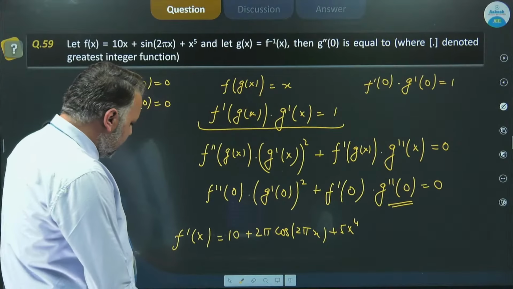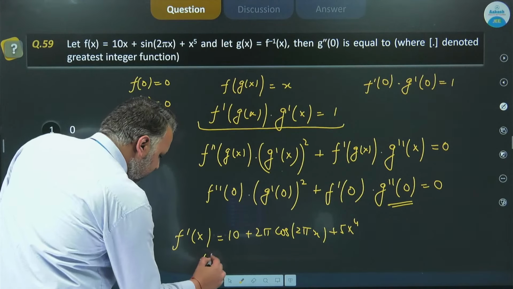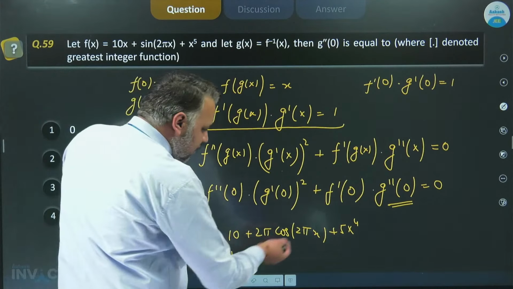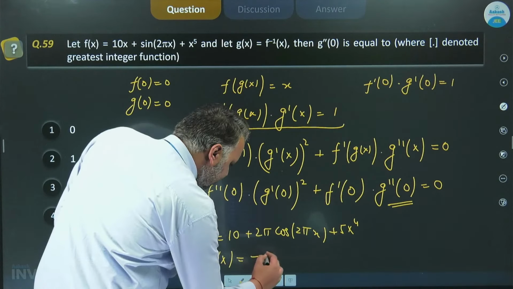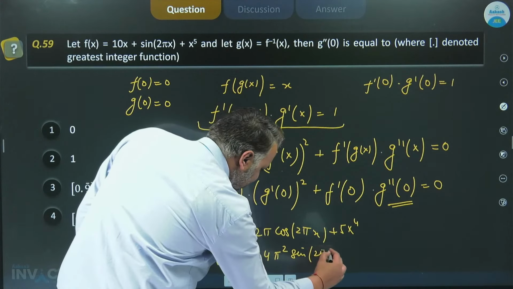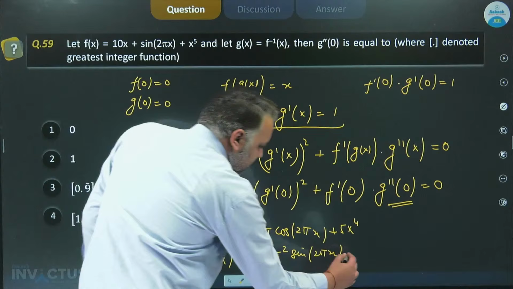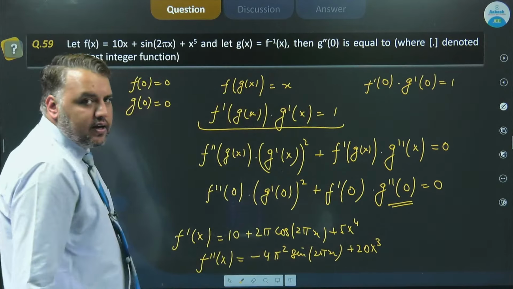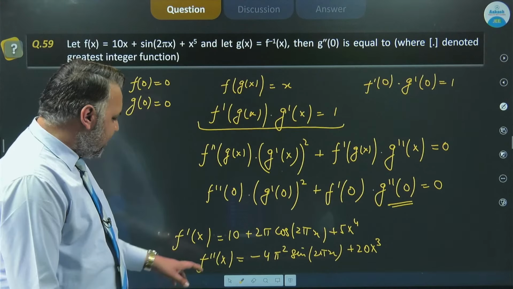Okay. Now what is f double dash 0? So f double dash x, the derivative term will be 0. Differentiating this, this will be minus 4 pi square sine of 2 pi x plus 20x cube. Now if you put x equal to 0 here, this will be 0 only. So f double dash 0 is 0.